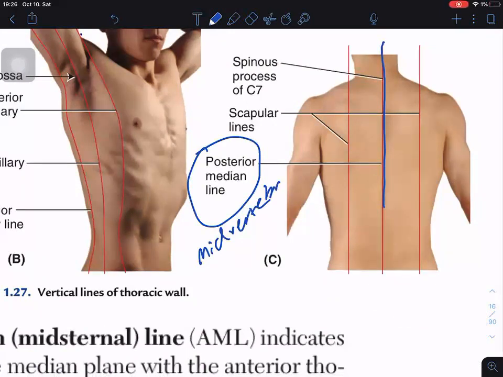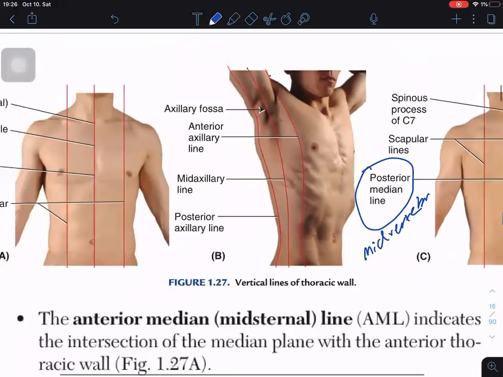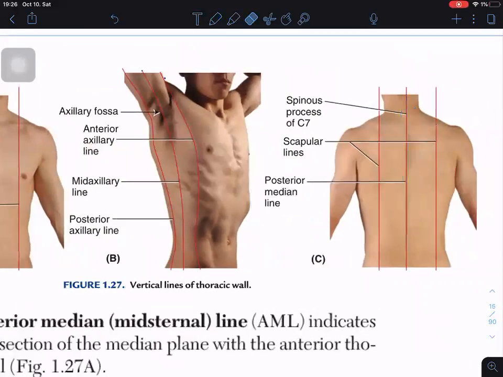Then, along the transverse processes of the vertebrae, we can draw another line, which we call the paravertebral lines. So these are located right opposite to the midsternal and parasternal lines, okay? So over here we have the paravertebral lines.